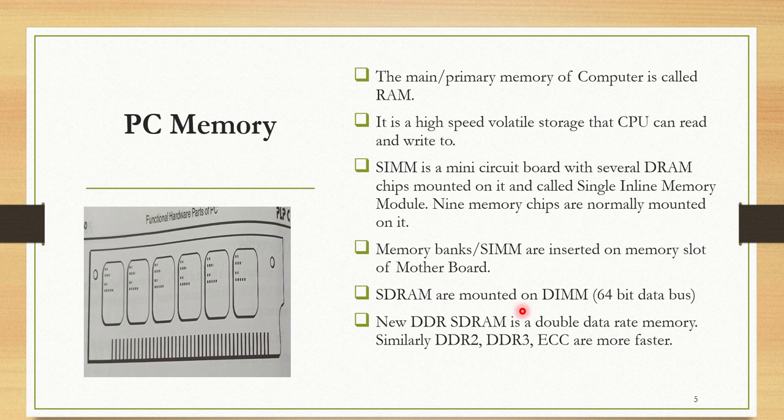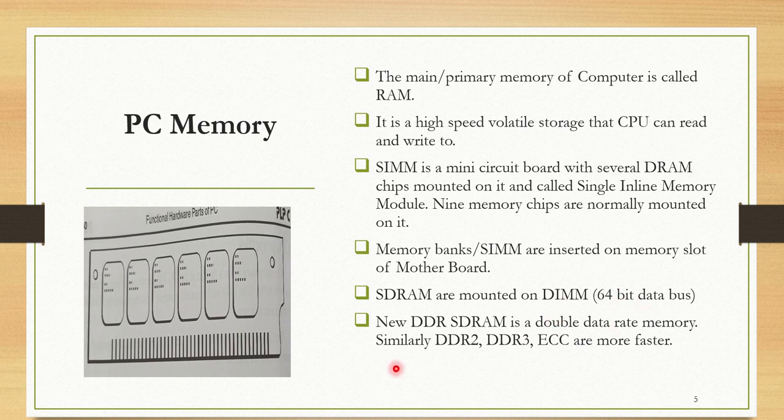DIM means double inline memory module. It is 64-bit, and whatever SDRAMs are inserted on this work on a 64-bit data bus.